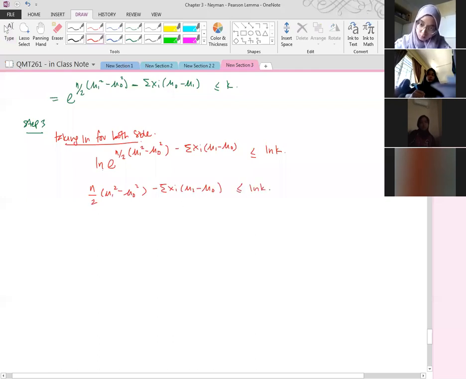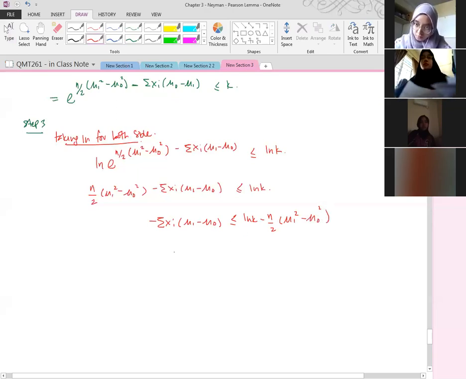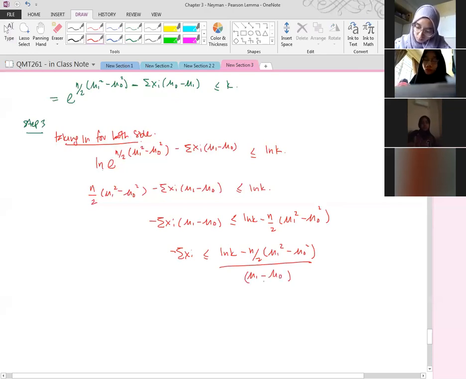So we bring the other unimportant values to the left hand side. So it becomes summation of xi (mu1 minus mu0) less than or equal to ln k minus n over 2 (mu1 squared minus mu0 squared). So negative summation of xi should be ln k minus n over 2 (mu1 squared minus mu0 squared) divided by mu1 minus mu0, right?